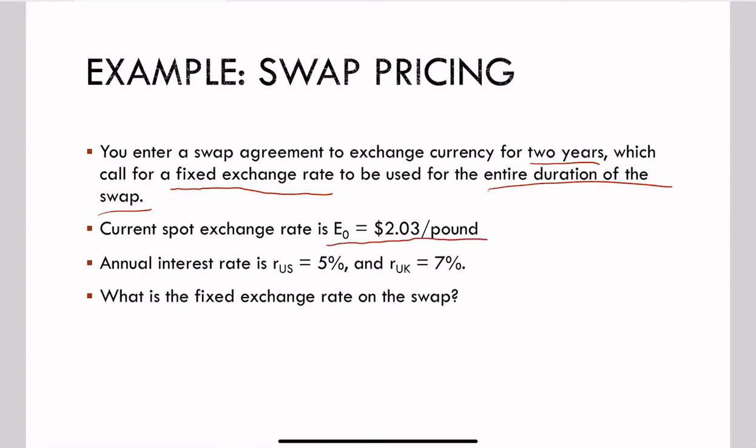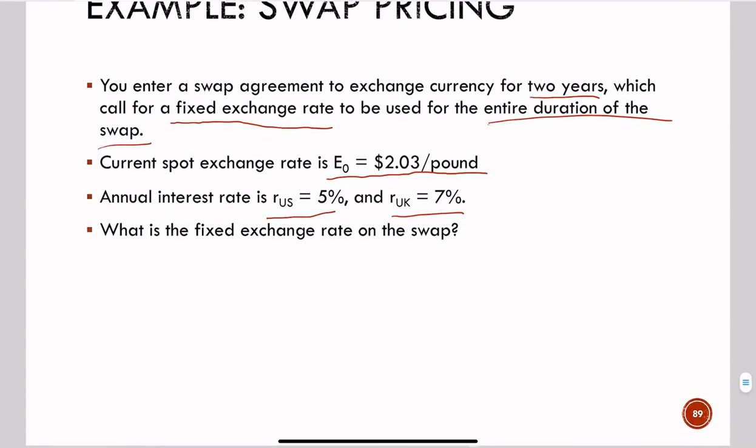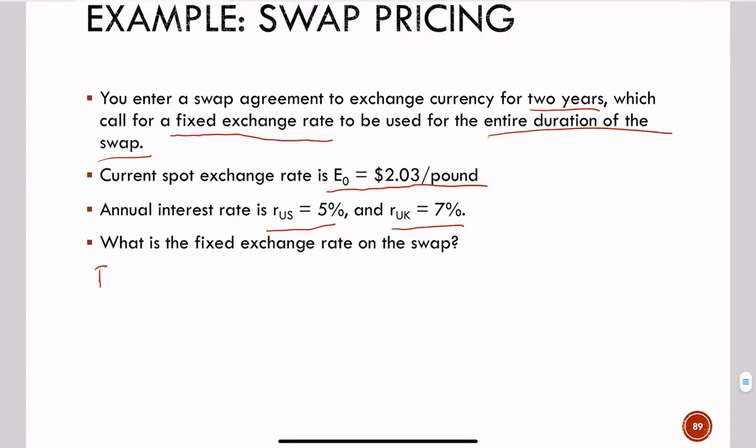Again, you can see that we are talking about exchanging dollars for pounds. And the annual interest rate is 5% in the US and 7% in the UK. What is the fixed exchange rate on this swap agreement? Well, clearly we have to find out F1. What is F1? F1 is the futures exchange rate on the first 1-year future, right?